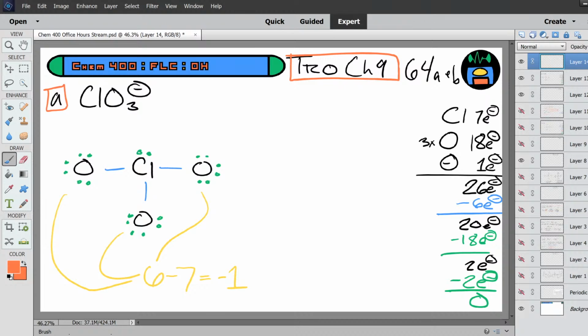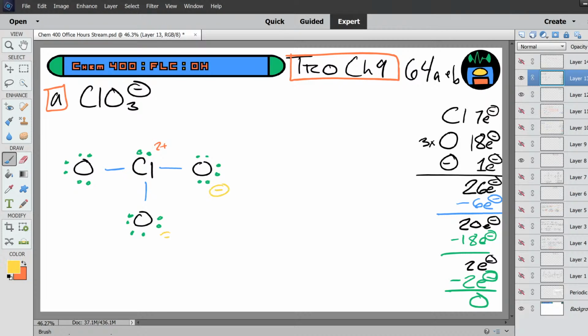Now when we look at chlorine, when chlorine is neutral, it has 7 electrons. In this structure, it has 2 electrons in lone pairs plus 1 per bond. So it's 5. 7 minus 5 is +2. So as drawn right now, we have a chlorine with a charge of +2, and each oxygen has a formal charge of -1.